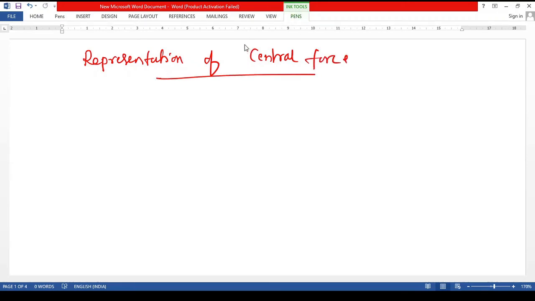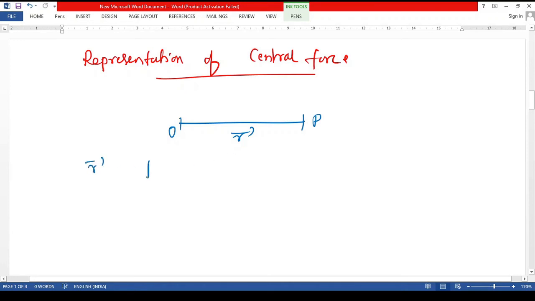Consider a particle P at a distance vector r from the fixed point O. Let us assume that O is the center of motion of the force acting on the particle, called the central force.